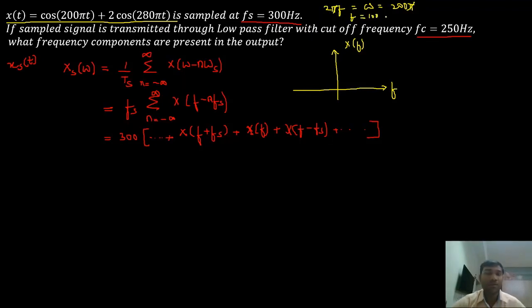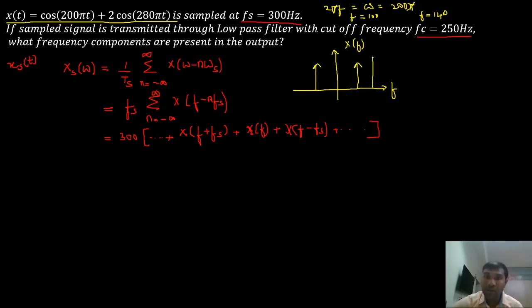This is one frequency component in x of t. The second frequency component, if I calculate similarly, is f equal to 140. So these are the two frequencies in my x of t. The first one is at 100 and the second one is at 140. So at 100 I have an impulse, and at negative 100 also I have an impulse.